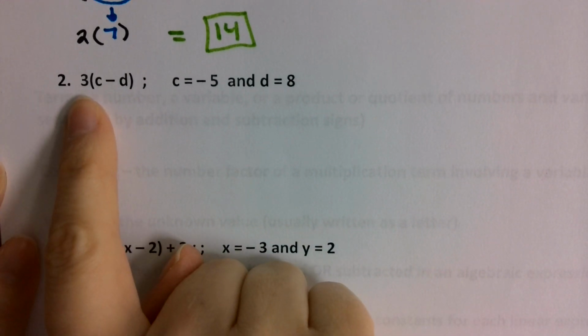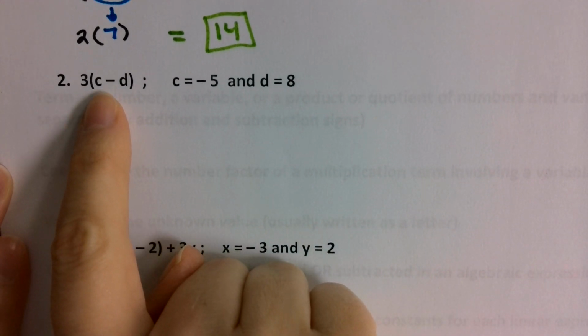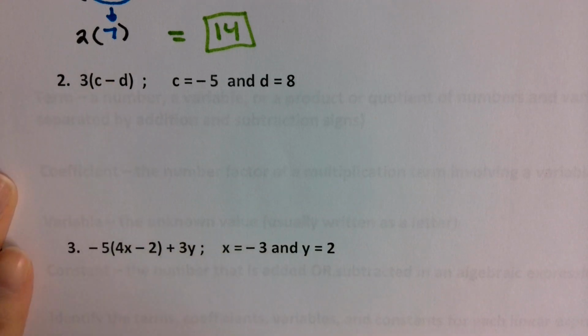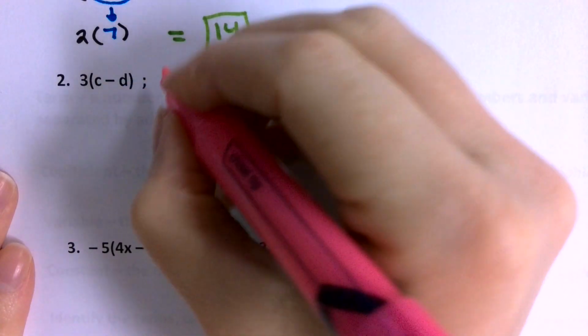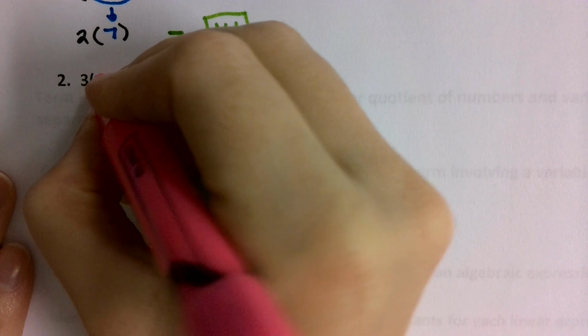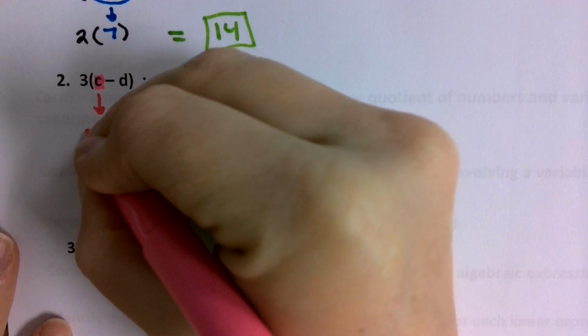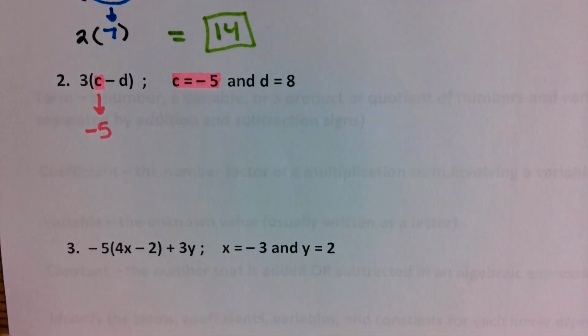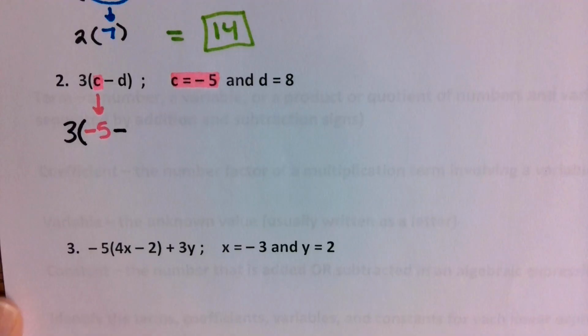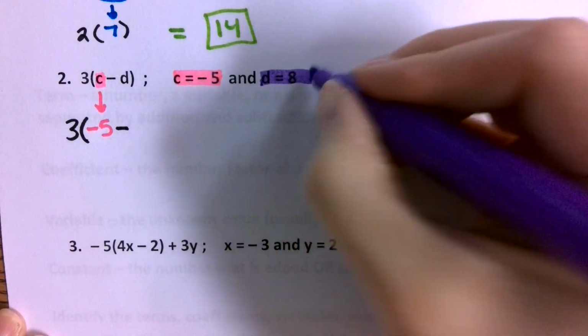We have 3, and then inside parentheses we have C minus D. Now, when we're replacing these, we're replacing our C with the negative 5. So wherever I see the term C, I'm going to replace it with a negative 5. So I've got 3 parentheses minus, and then I've got the term D, and I'm going to replace the D with 8.